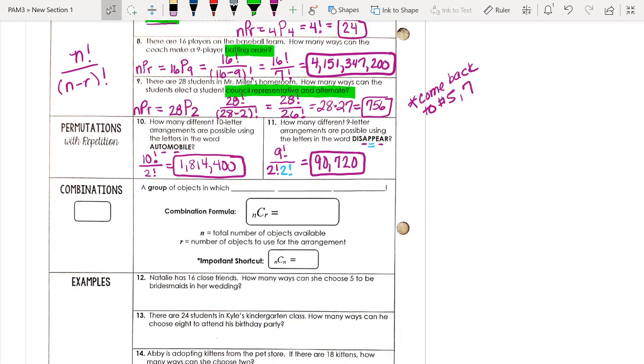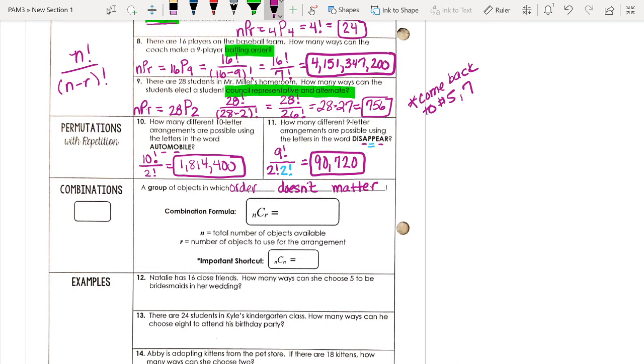We are on to the last topic for today, which is combinations. Combinations is very similar to a permutation. It's a group of objects in which order doesn't matter. It does not matter who's first or who's last.